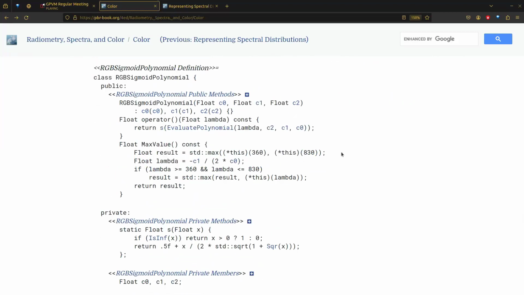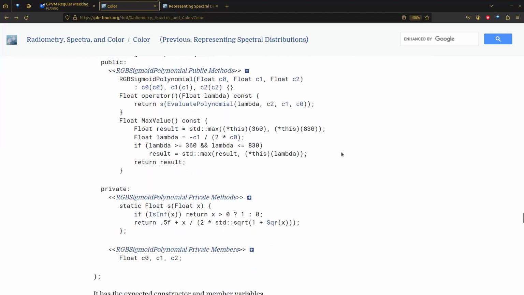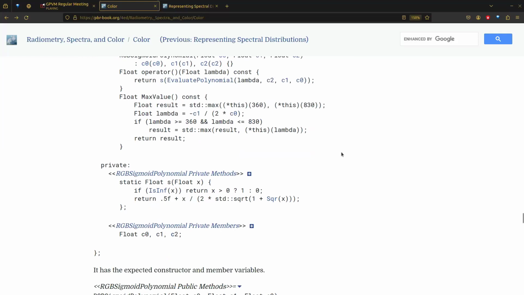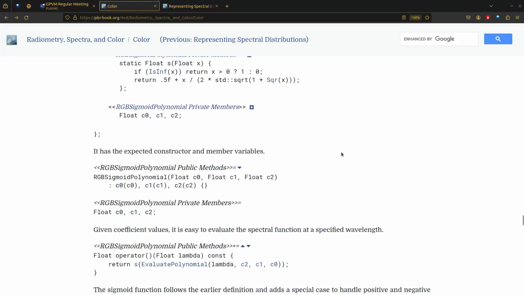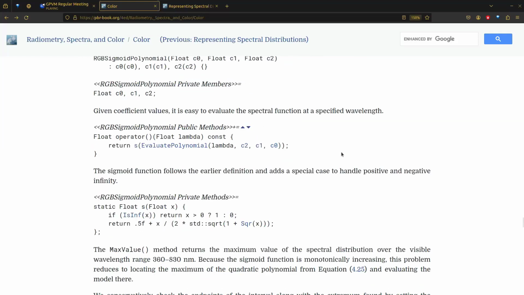Okay, so given the coefficient values, it's easy to evaluate the spectral function at a specified wavelength. The sigmoid function follows the earlier definition, and adds a special case to handle positive and negative infinity.